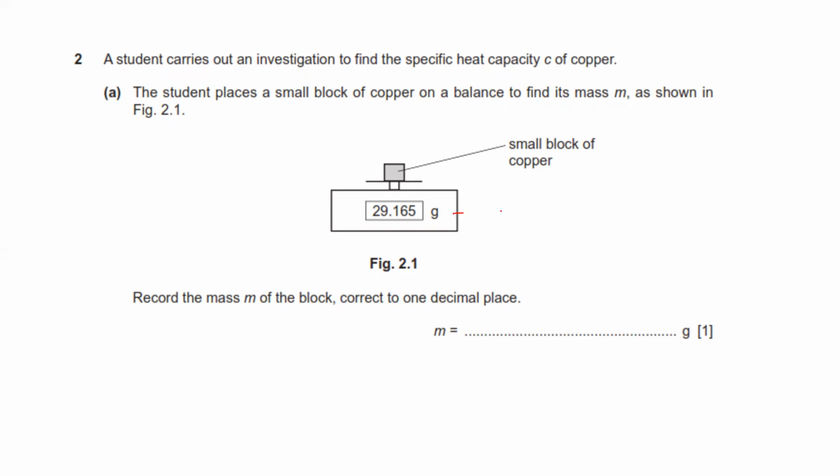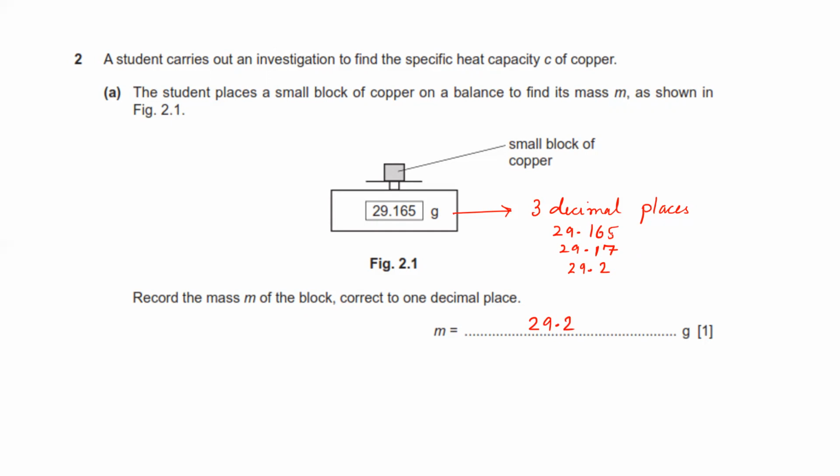So remember, this value is given to 3 decimal places, so correct to 1 decimal place. It is 29.165. So first of all, 29.17 it becomes, and then we can say 29.2. So my answer correct to 1 decimal place is 29.2.